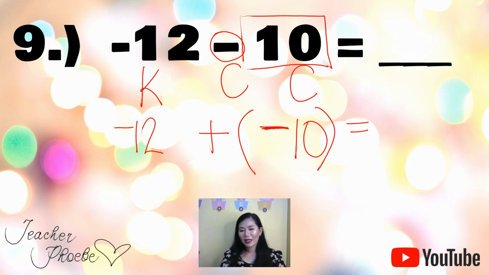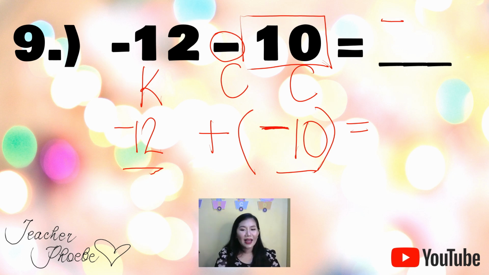Okay? Paano natin mahanap ang sagot nito? Tingnan muna natin yung 12. Ano ba ang sign niya? Negative. Tingnan natin yung 10. Ano ba ang sign niya? Negative. In short, magkapareha sila ng signs. Negative, negative. So, kapag magkaparehas ng signs, ano ang ginagawa natin doon? Kinokopya lang natin yung sign para sa final answer natin.